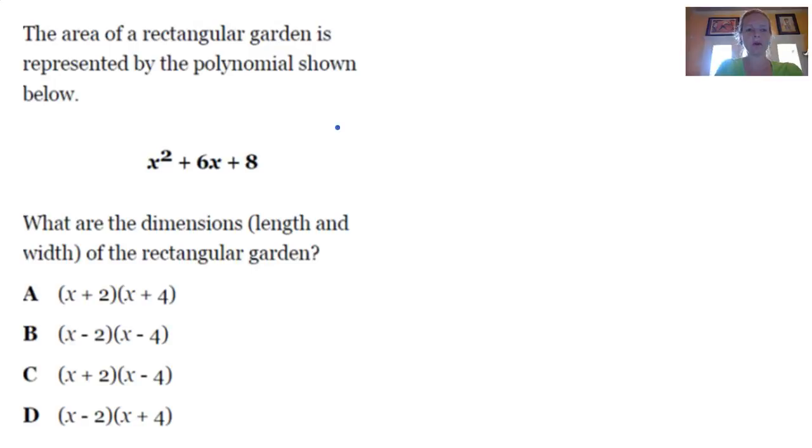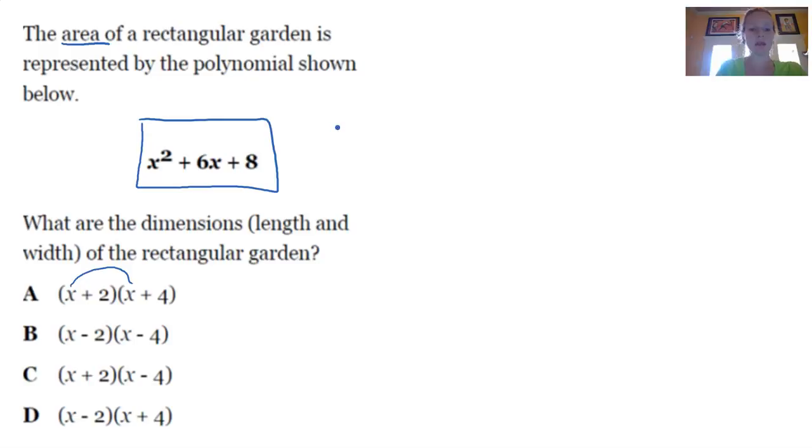Another area problem. This is my actual area. So you determine whether, at this point, if you know how to factor the trinomial, then factor it. If you're not sure, then multiply each one of your answer choices. I know that x times x gives me x squared. So all of my answer choices work as of right now.